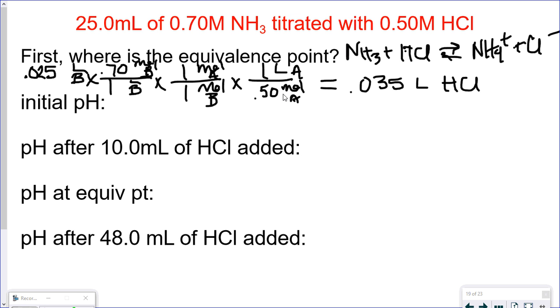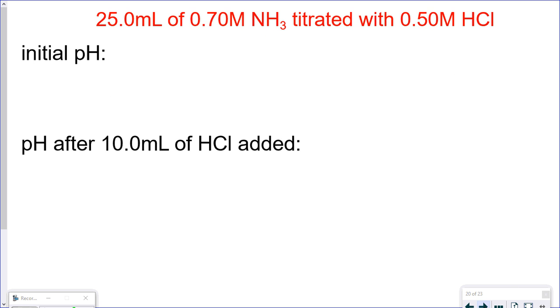So now let's go through the individual steps for the weak base. We're going to look at the initial pH first. Remember, we did need to look at how much ionizes using the Kb value since we are now dealing with the base. So I'm going to write our overall reaction.